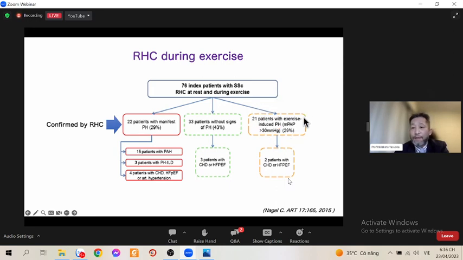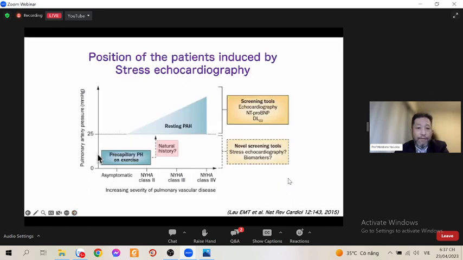Also, 21 patients had exercise PAH, and 2 patients had chronic heart disease. So this means not all precapillary PAH on exercise patients go on to resting PAH. So the natural history is not so clear by stress echocardiography itself, and we have to carefully interpret the results of stress echocardiography.